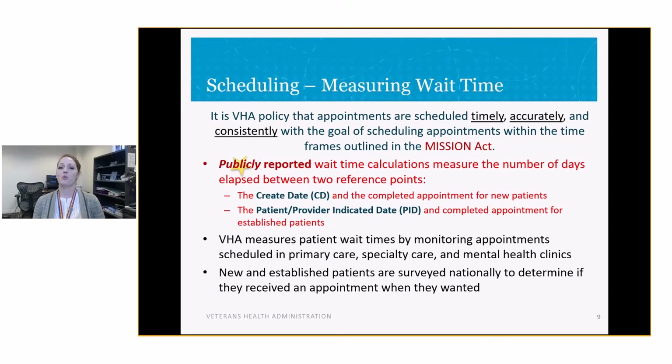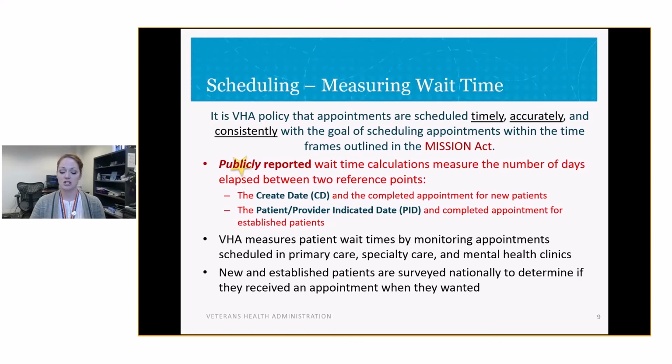The way we break it down when we measure these wait times, as far as the VA goes, is we break it down into 3 different sections. Wait times are measured from primary care, from mental health, and from specialty clinics.